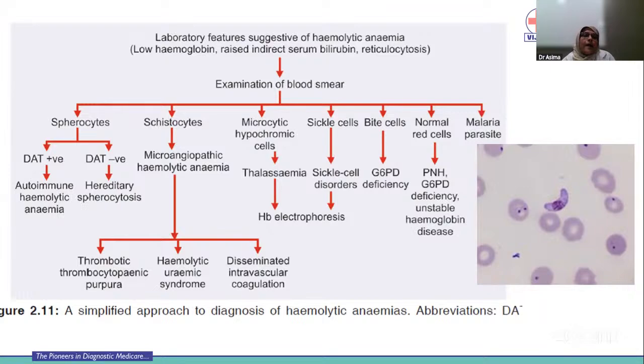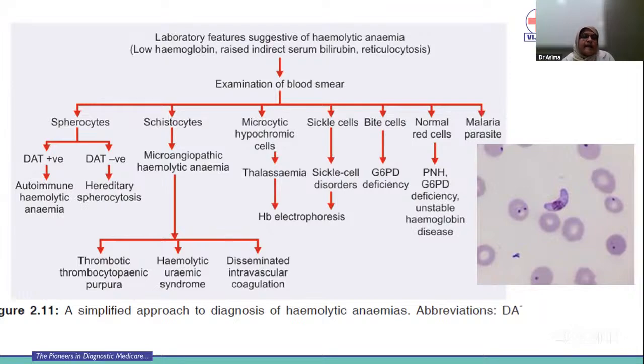etc. Then the schistocytes, the most important cells, are also, according to the ICSH guidelines, given special importance, and even if less than 1% are found in the peripheral smear, they are important, especially in kids.